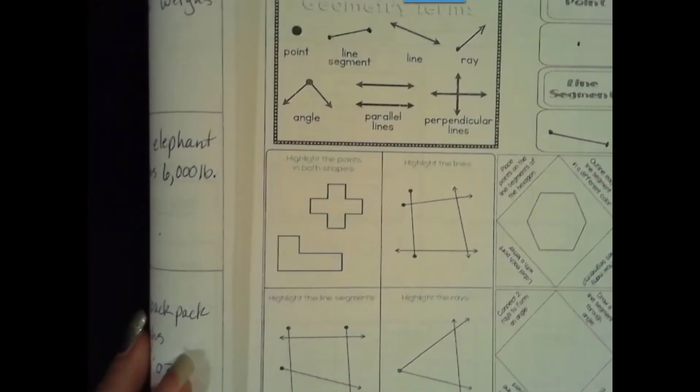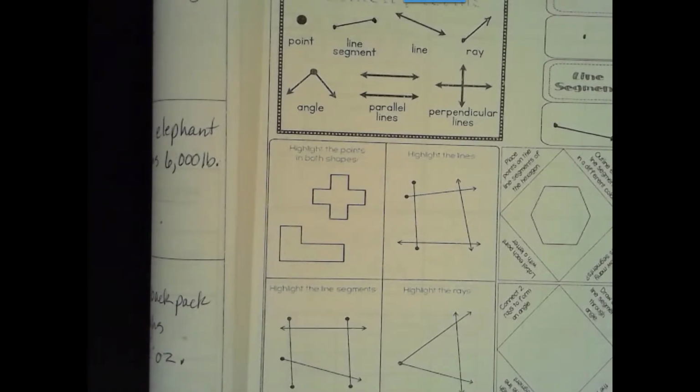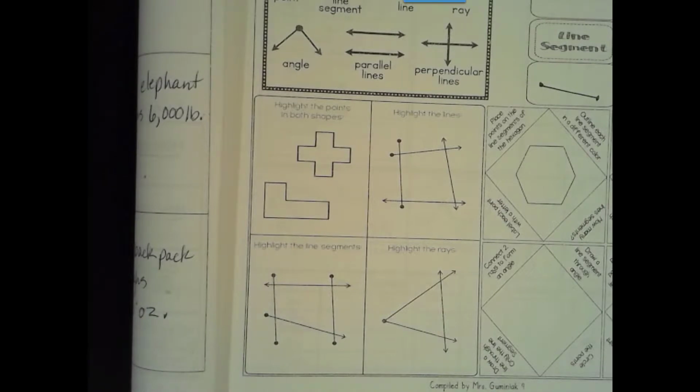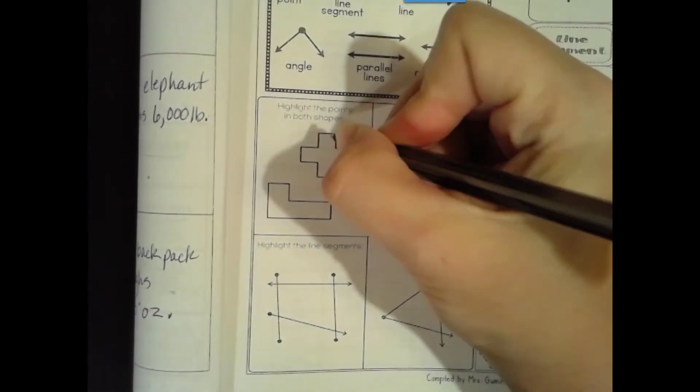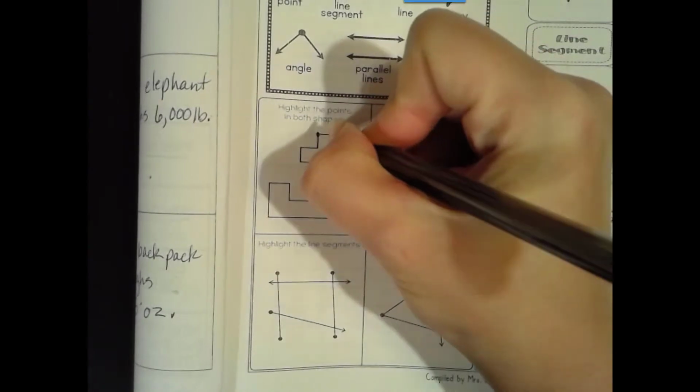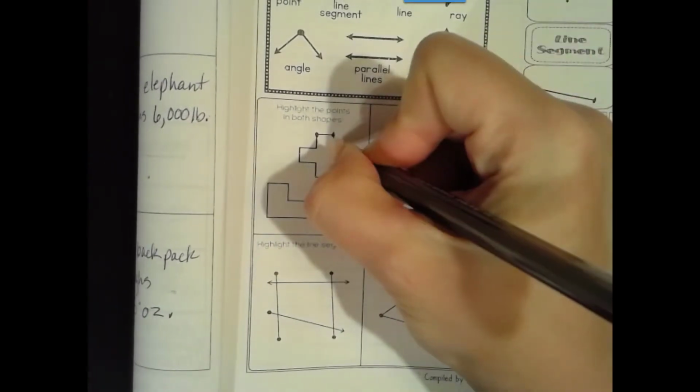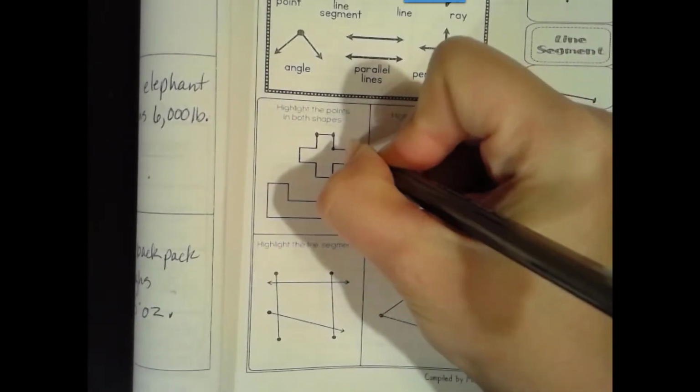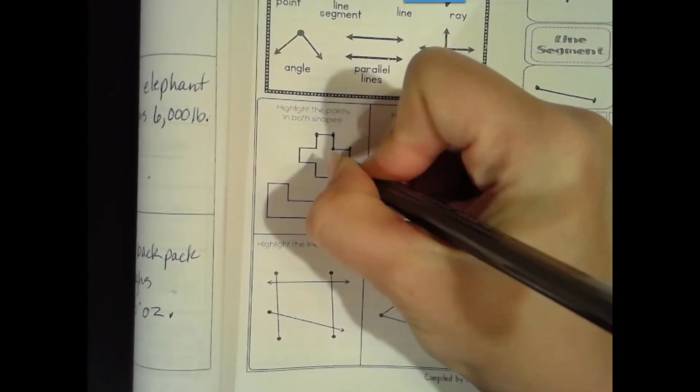All right, so now we're going to look at some different aspects of points, lines, line segments, and rays. So in this first one, it says highlight the points in each shape. So the points would be where those line segments come together, because these shapes are formed with line segments.